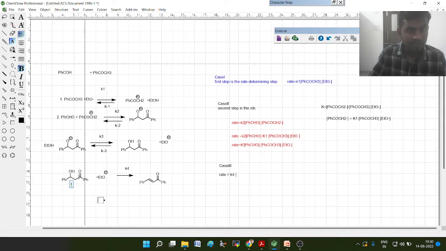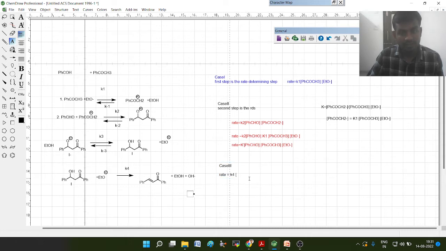So this is I, our intermediate, and similarly we have I minus here, which reacts with EtOH to give I, or reacts with EtO minus again for dehydration, giving this part plus OH minus. So there will be plus EtOH and plus OH minus. These are also there anyway.